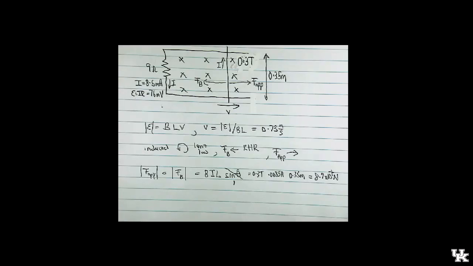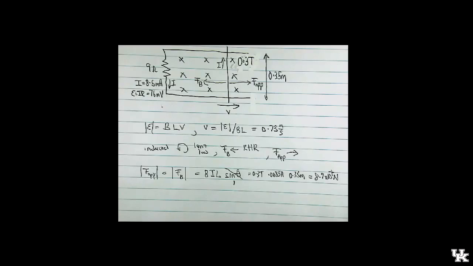And the expression for the amount of power a force is transferring is not force times distance, it's force times velocity, if you remember. So if I take my applied force and I multiply it by the velocity that I'm moving the rod at, that's how much power I'm transferring to the arrangement, to the rod.